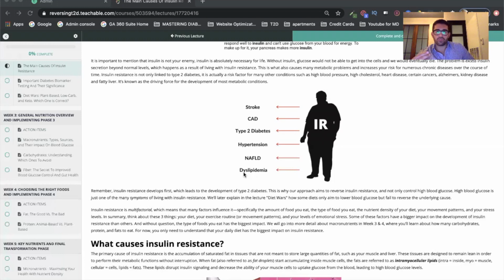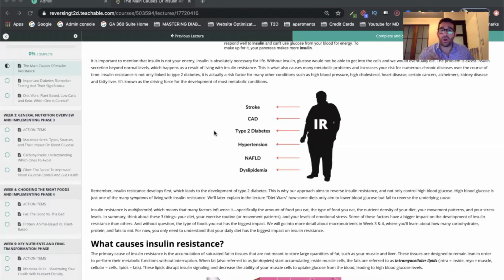More and more research is showing that plant-based whole food diets, which are void of animal products and hence are low in saturated fats, are the ideal diet to follow in order to reverse insulin resistance. Once you have reversed insulin resistance, then your risk for the development of all of these conditions, including type 2 diabetes, goes down dramatically.